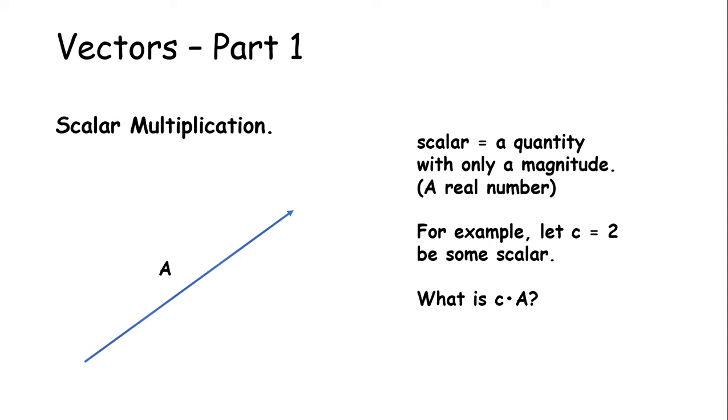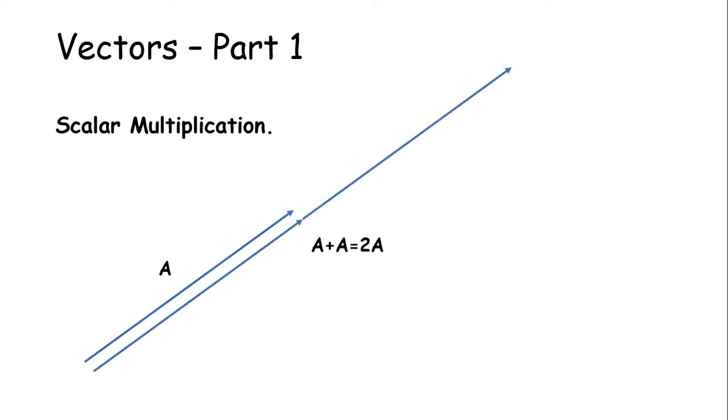That means that we have traveled a length that is equal to the magnitude of A. Therefore, we can say that 2 times A can be achieved by drawing another vector and connecting it head to tail to the first one and moving along the first vector A and the second vector A. That is twice the vector, and it therefore results in another vector which we can call B.